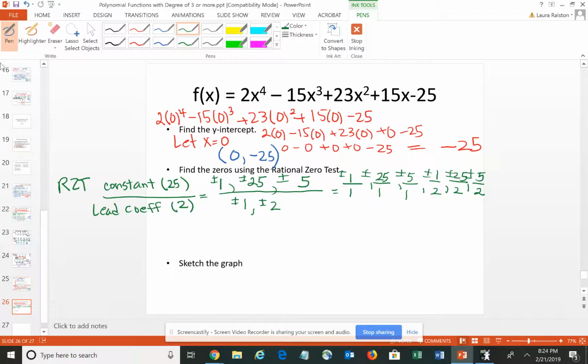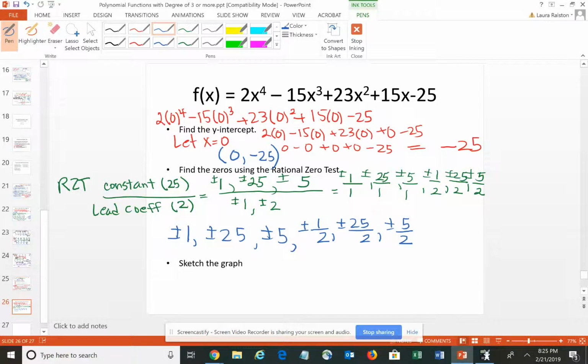So ultimately, our list of possible zeros is plus or minus 1, plus or minus 25, plus or minus 5, plus or minus 1/2, plus or minus 25 halves, plus or minus 5 halves.